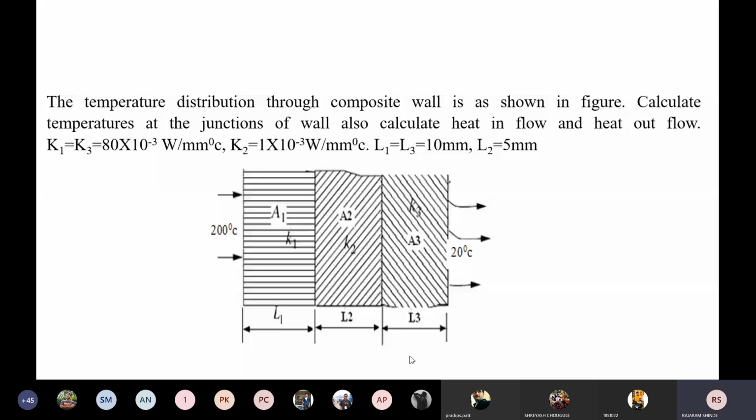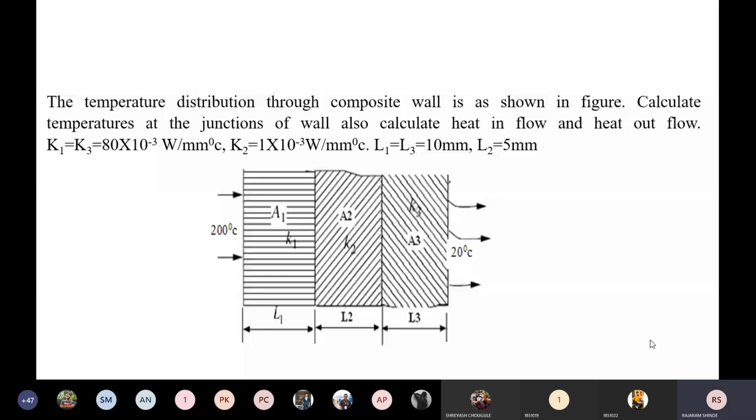Are you writing this? Yes, sir. Complete fast. Rohit Patil, Rohit Dajiba Patil. Yes, sir.